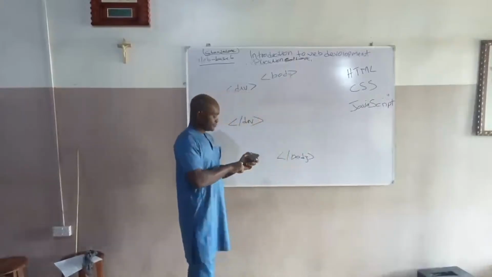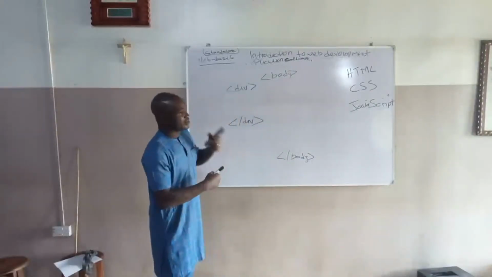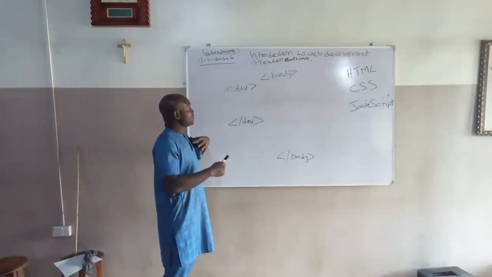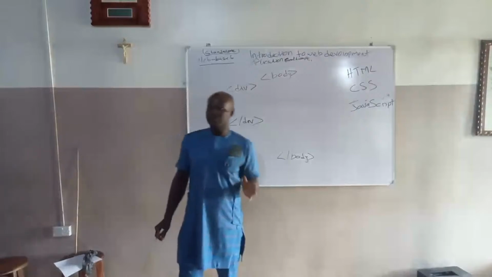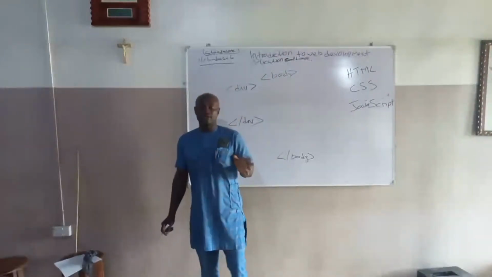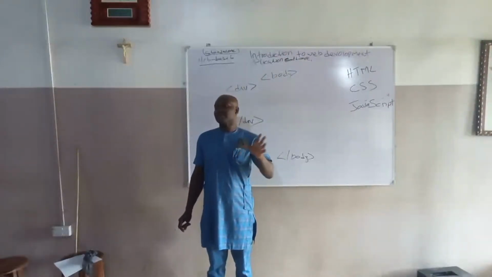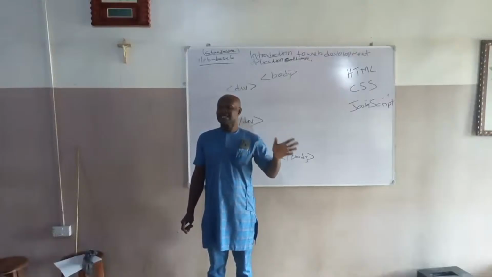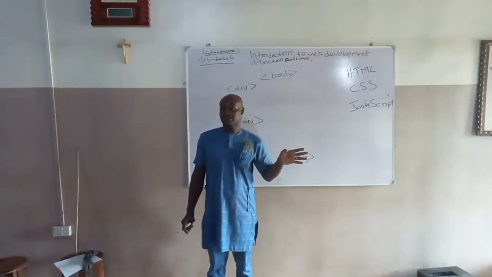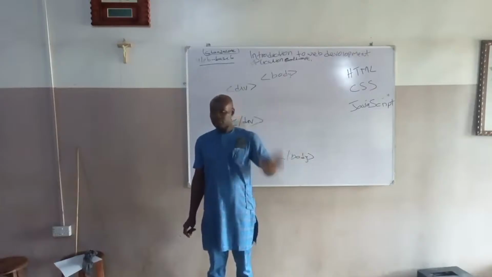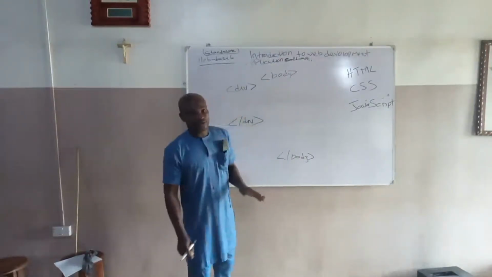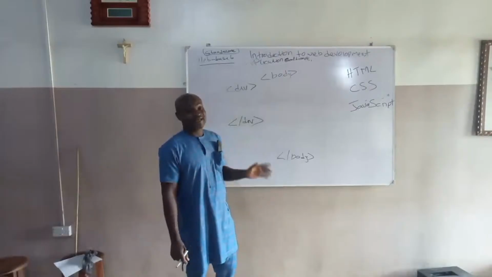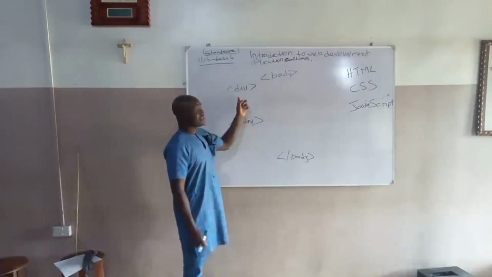And there are other elements that I will be introducing. It's not difficult. You just need to identify those elements by their name or by their tags and know what they are used for. You understand? So we list all those elements. But first of all, before we start listing the elements, we need to understand another thing. We need to expand this.